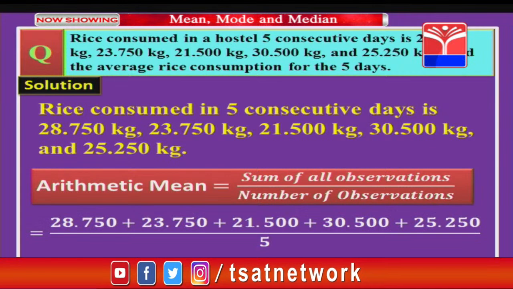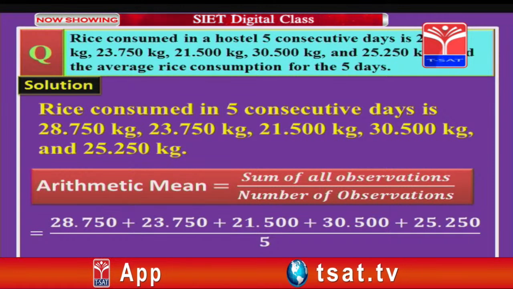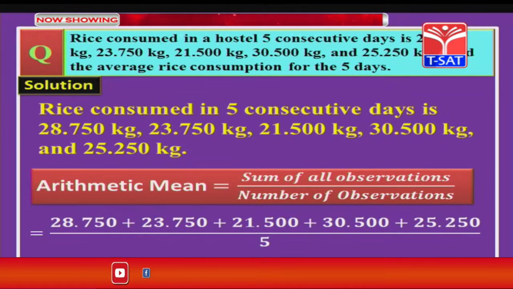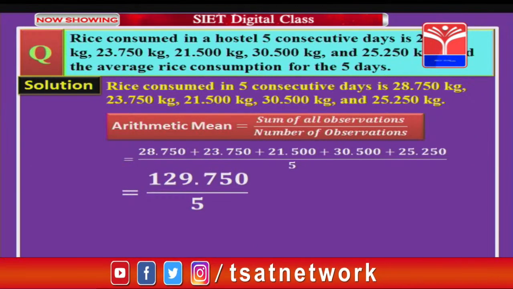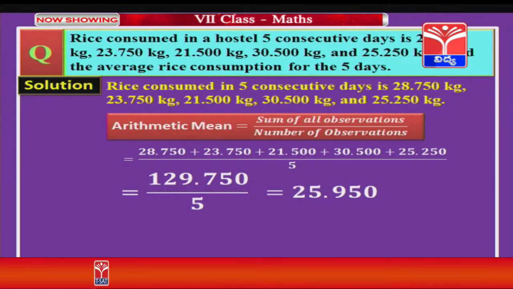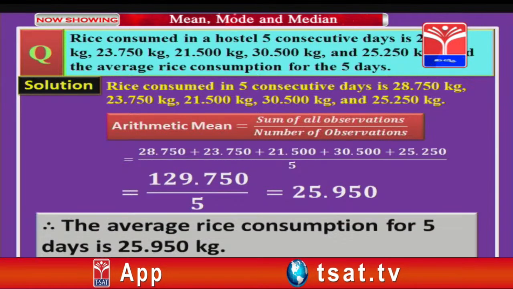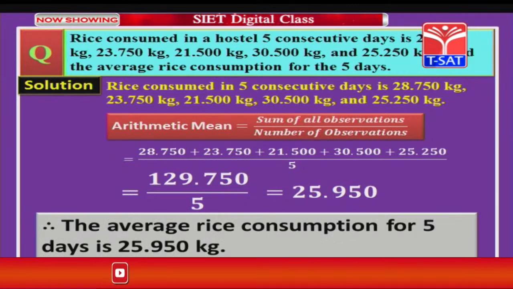So, let us add all these observations, that is 28.750 and so on up to 25.250, divided by 5, because there are only 5 observations. Adding this, we get 129.750. On simplifying this further, we get 25.950, which means the average rice consumption for 5 days is 25.950 kgs.